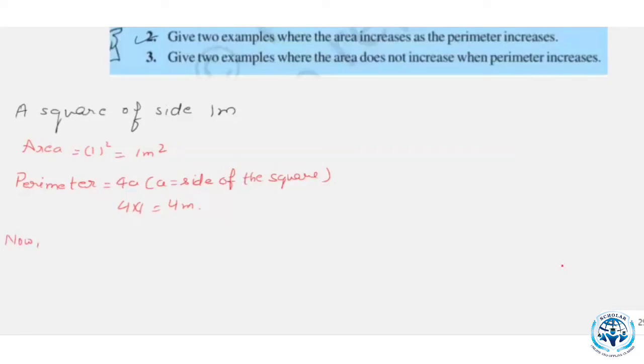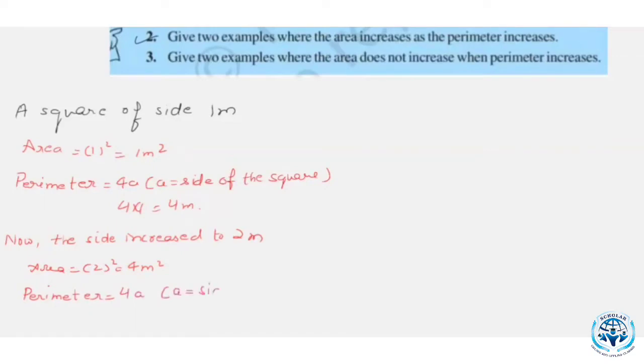Now the side is increased to 2 meter. When we increase the side, the area obviously will increase, because it will now be 2 square, 4 meter square. Perimeter will be 4a. Now a is 2, so the perimeter will be 8 meter.